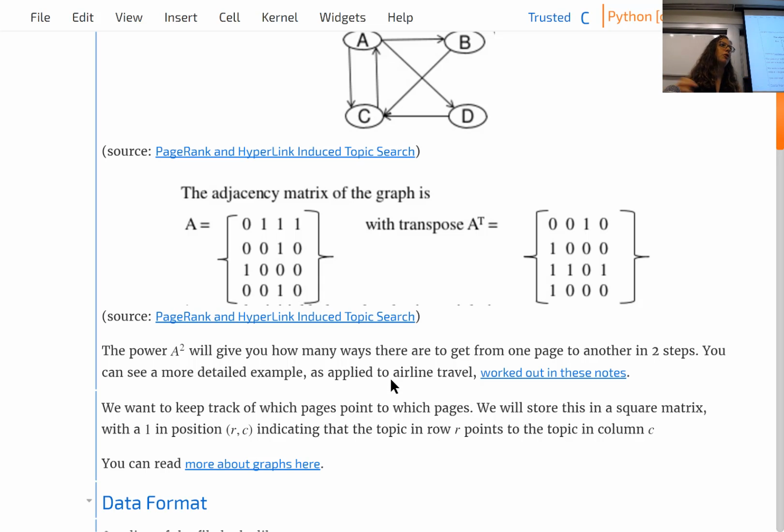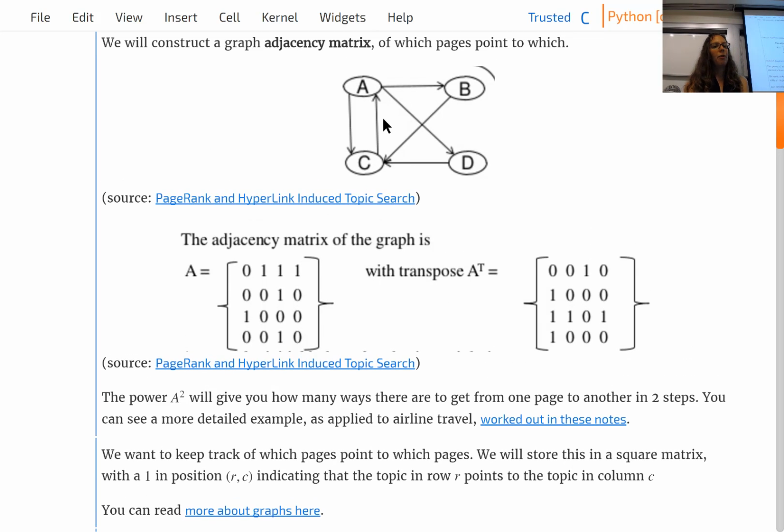So if you took the third power, that's saying how many ways there are to get from A to B, taking three hops. So with normalization... Yeah, exactly, then it becomes a probability when you normalize. Good question.